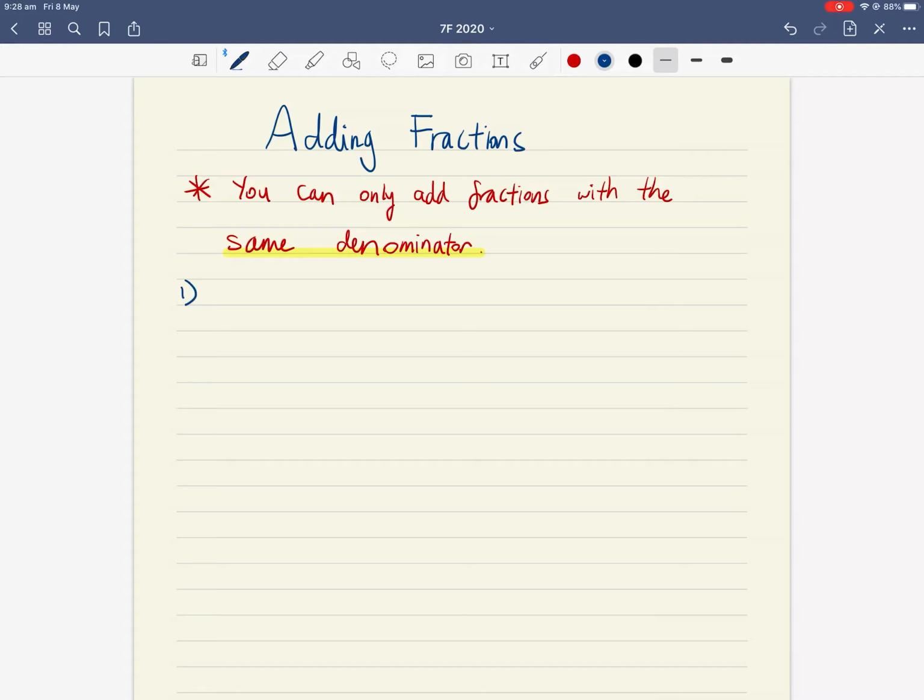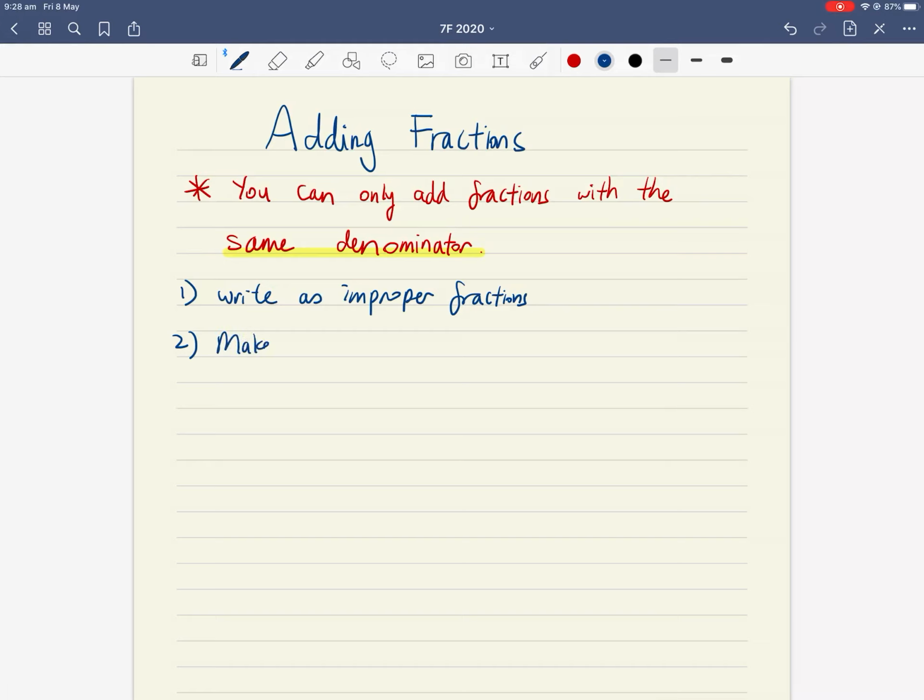So we're going to follow the 4 steps, pretty much like last lesson. Step 1, turn all your mixed numbers into improper fractions. So write as improper fractions. Step 2. Do your fractions have the same denominator? If they don't, then convert them.